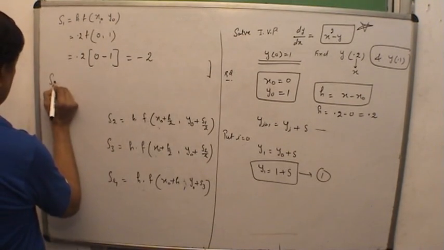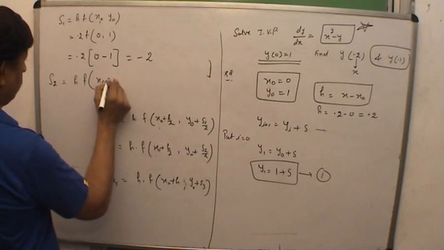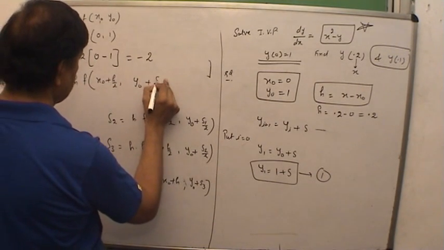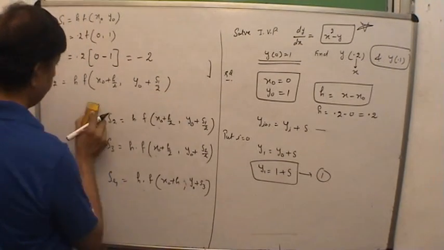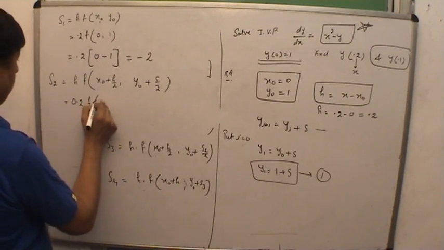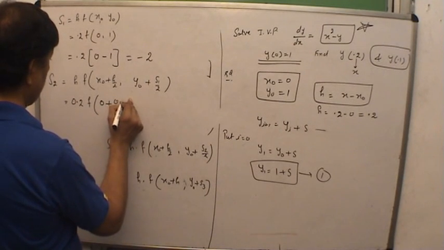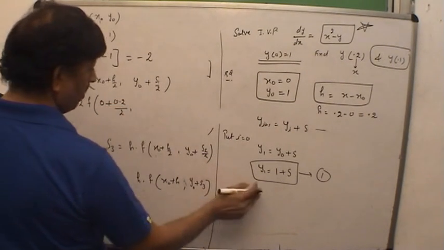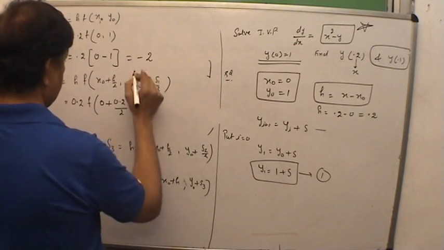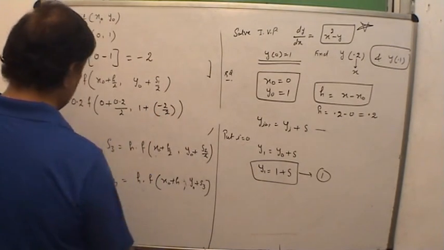Then s2 is equal to h times f of (x0 plus h by 2, y0 plus s1 by 2). Here we put the values. h is 0.2 into f of (x0, which is 0, plus 0.2 divided by 2, y0 which is 1 plus s1 divided by 2).